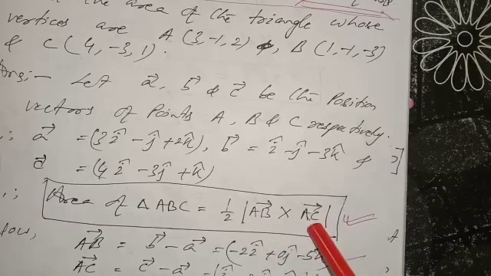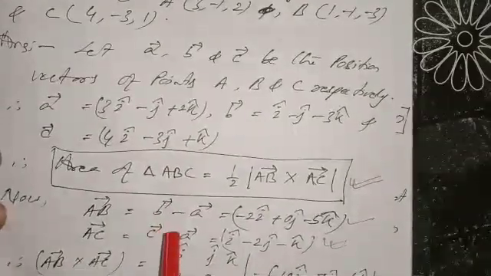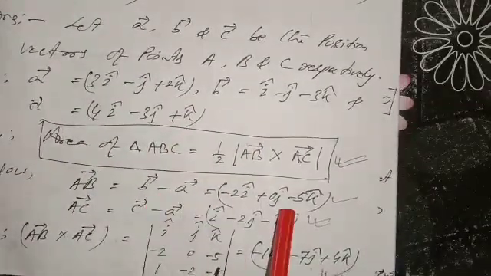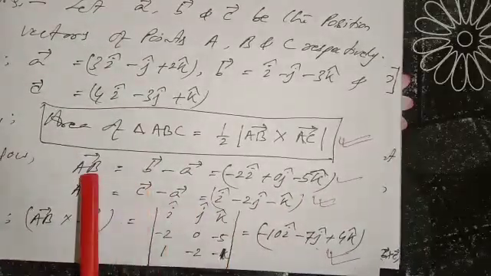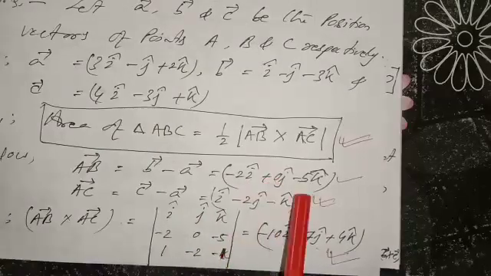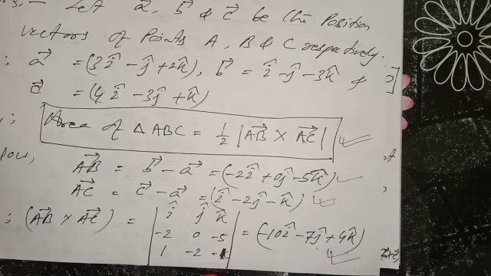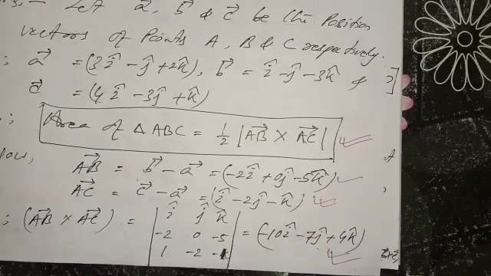AB means B minus A. The first point is A, the second point is B, and the third point is C. AC means C minus A. After that AB cross AC: i, j, k, components of AB are minus 2, 0, minus 5, and AC components are 1, minus 2, minus 1. If I open the bracket using determinant properties, we get minus 10i minus 7j plus 4k. This is all about AB cross AC.